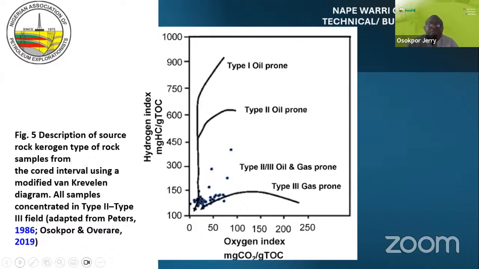That's the oil and gas-prone region of this Van Krevelen diagram. All the samples are concentrated within this area. And this has also been seen in other studies of Niger Delta samples, previous studies by myself and some other colleagues and some other renowned authors. Next slide.